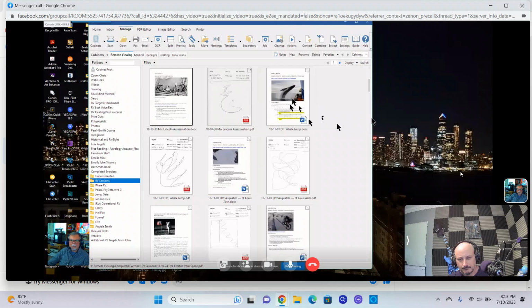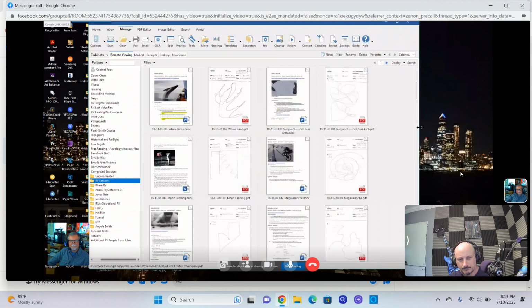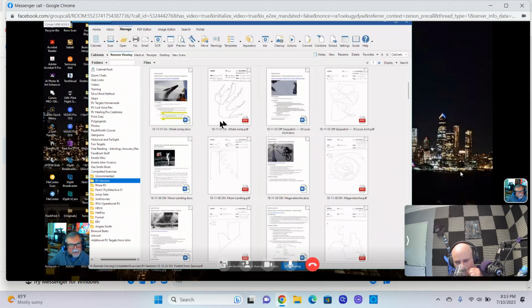And that's when I noticed this. This was the ideogram or transit line sketch for this particular target. Now, do you see any similarities there? Oh yeah.